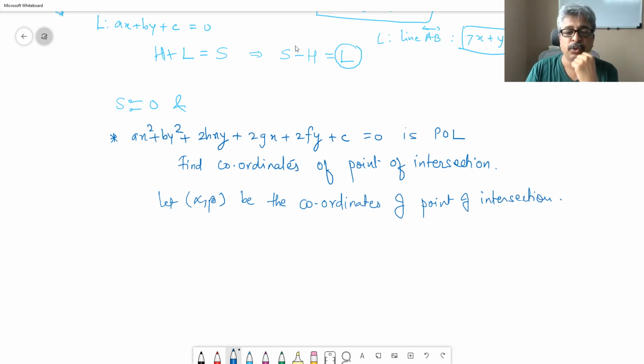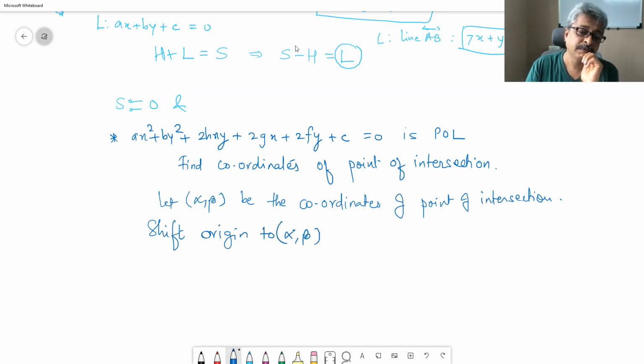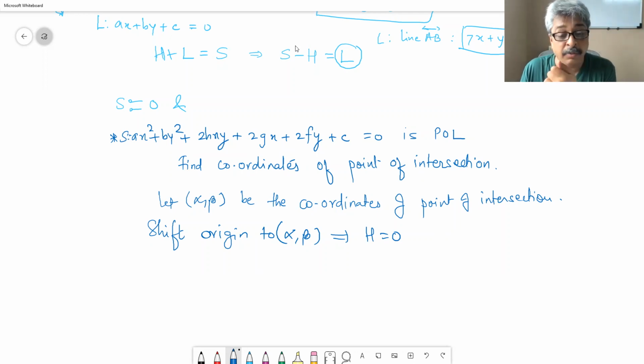Shift origin to alpha comma beta, then it should be a homogeneous equation in X and Y. If you shift origin to alpha comma beta, S is equal to 0 will become H is equal to 0, and you should get the coordinates of alpha and beta.